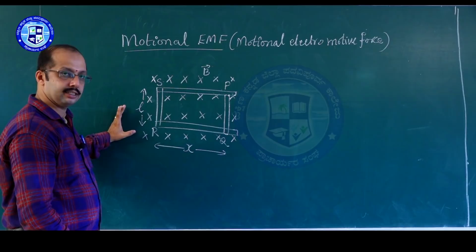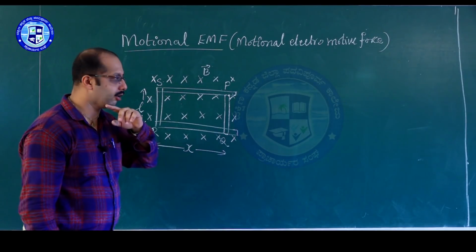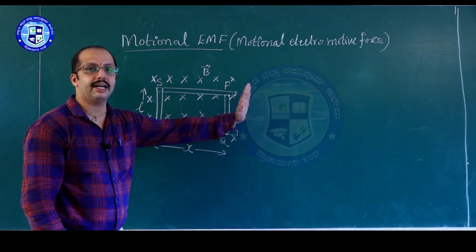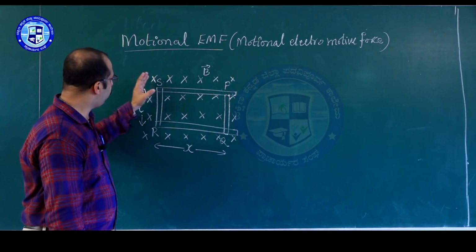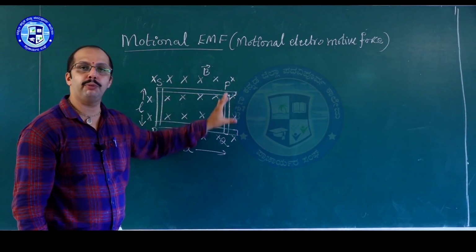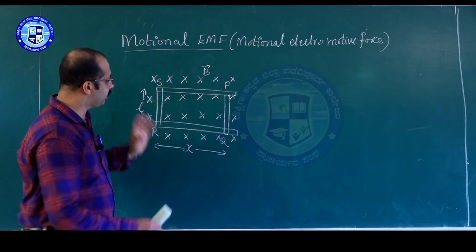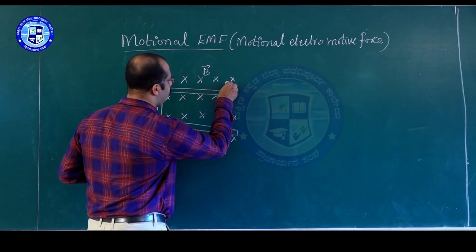According to the rectangle concept, RS is parallel to PQ. So, this PQ is considered to be the movable part.